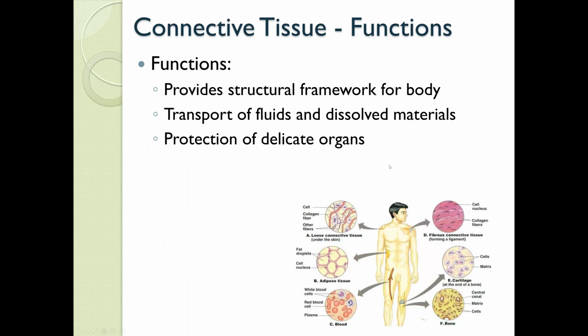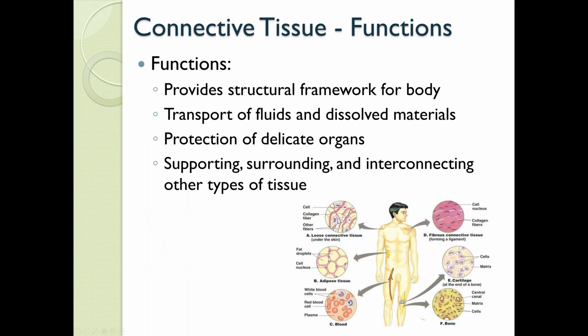It also allows for the protection of delicate organs. So you can find connective tissue underneath the epithelial lining of membranes, and you can also find adipose tissue, which is a connective tissue surrounding a lot of the more sensitive organs. And then you can find connective tissue supporting, surrounding, and interconnecting other types of tissues.